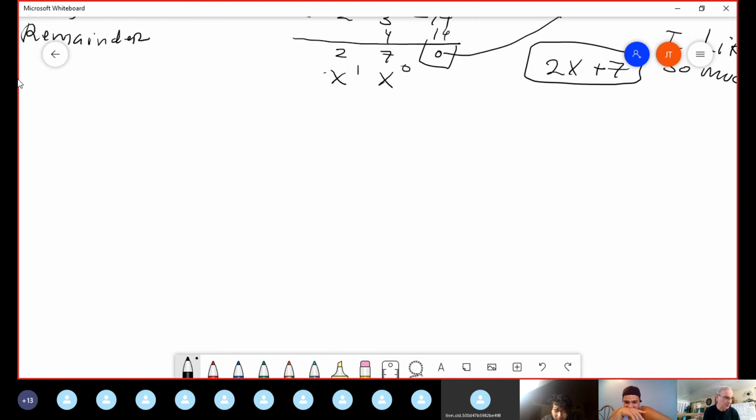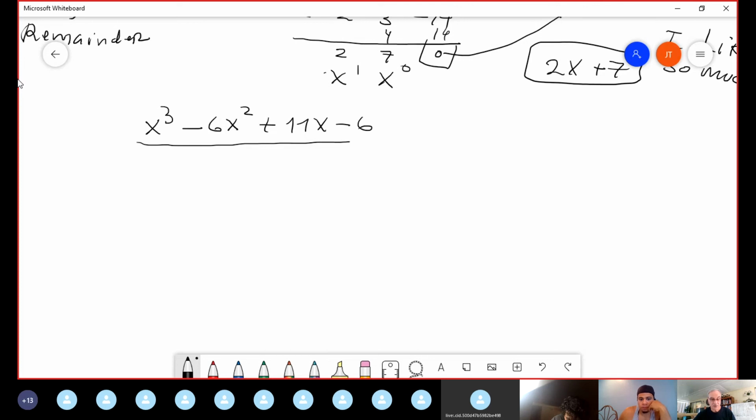Synthetic division. Let me try to find one nice example. Suppose this example: x cubed minus 6x squared plus 11x minus 6, divided by x minus 1.